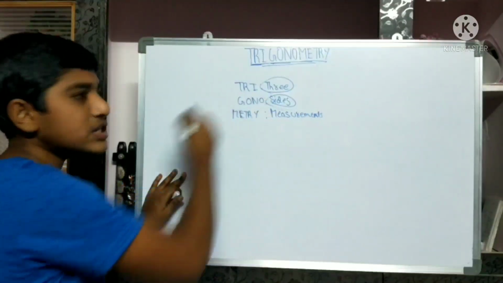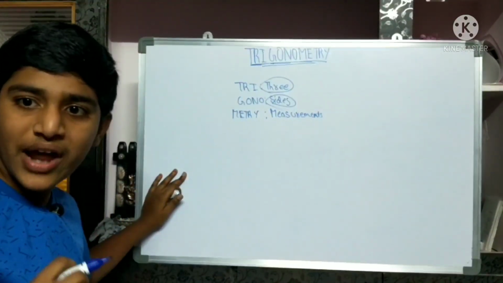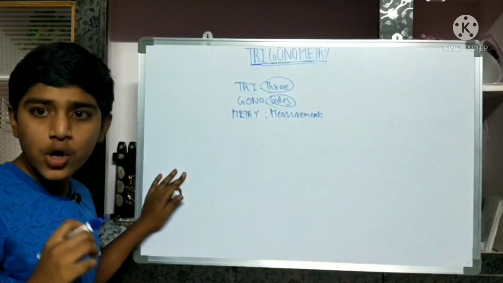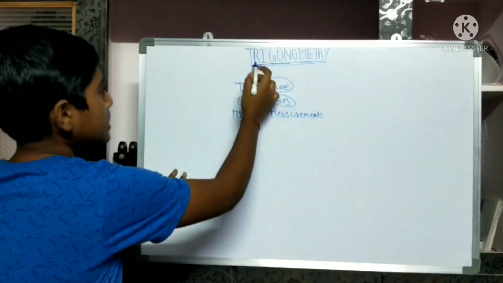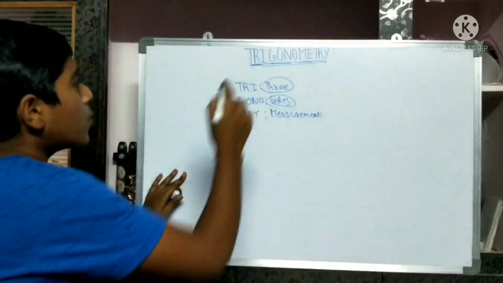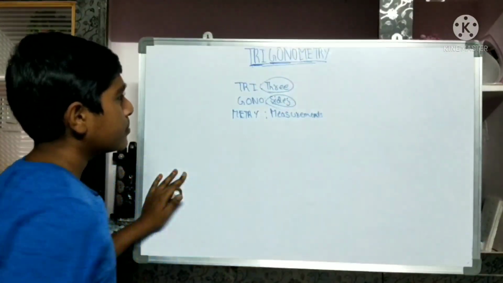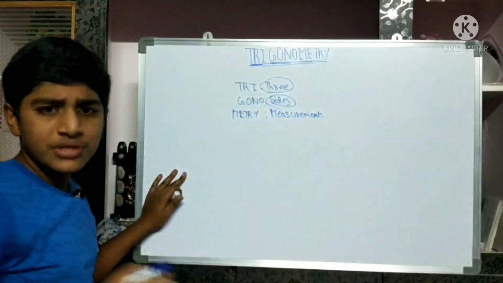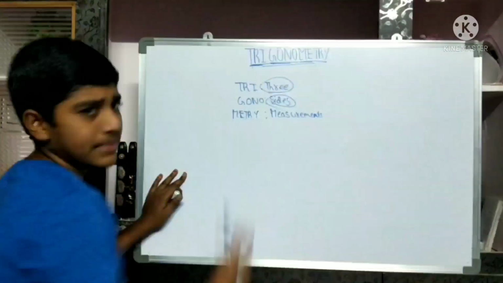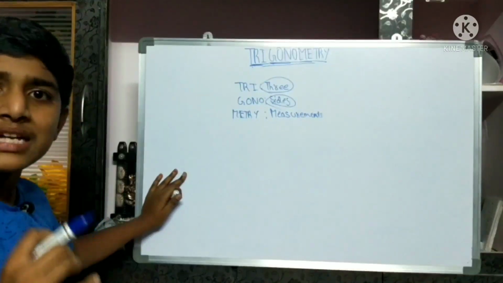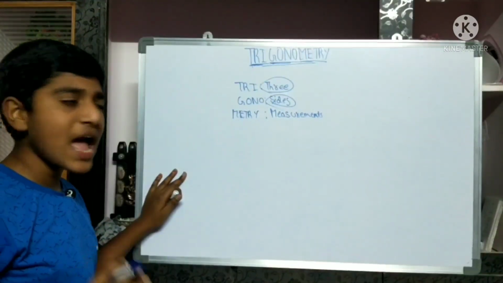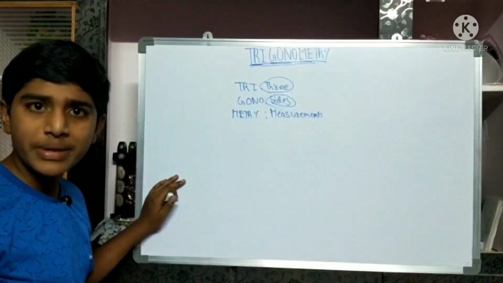That means the measurements of three sides of a triangle is called trigonometry. You may have a doubt why they kept an order: first tri, second gono, and third metry. Because it is a measurement of three sides. That means the measurements of three sides of a triangle is called trigonometry.